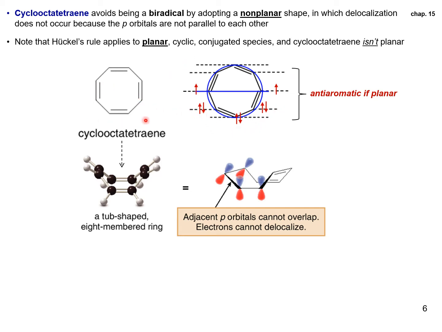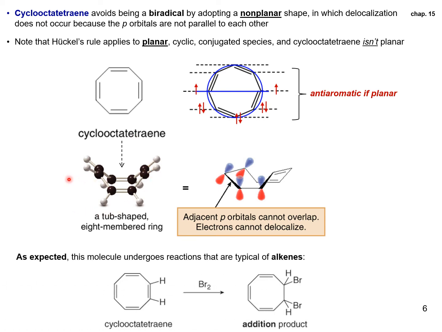So cyclooctatetraene, rather than being planar, is non-planar, and the molecule is simply a typical alkene, a ring that has 4 typical alkene double bonds in it, and those double bonds would react in the same way that any alkene would, by typical electrophilic addition reactions like the one shown here.